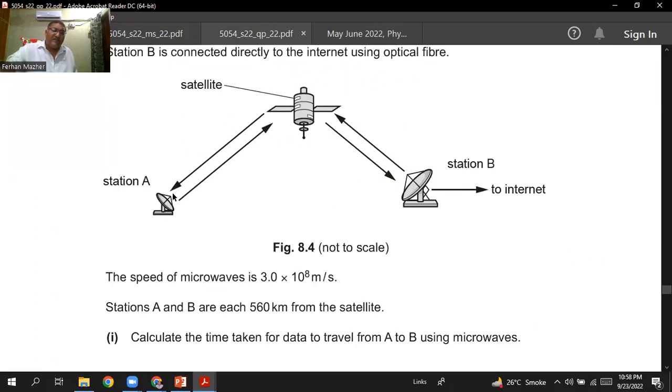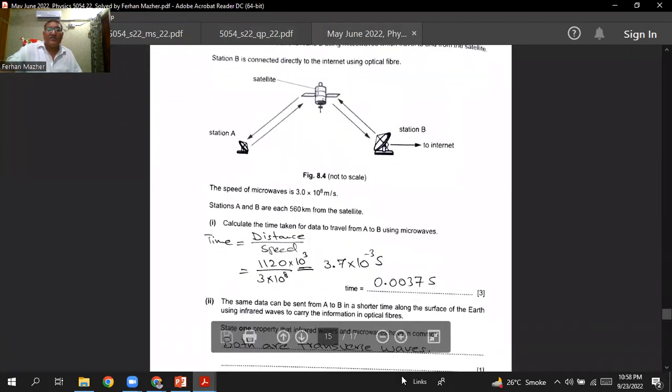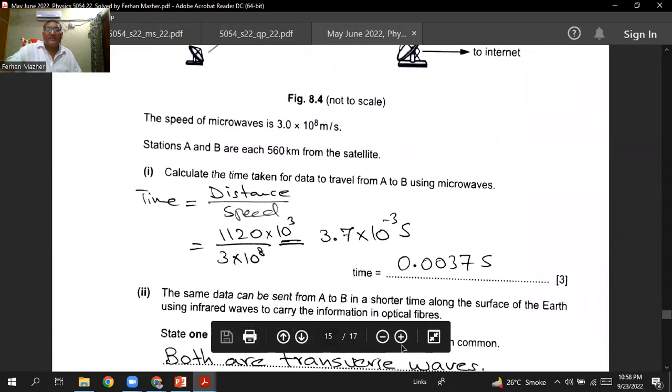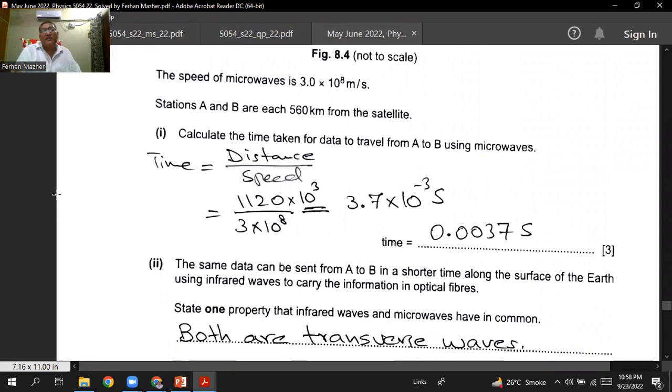So from here, 560 kilometers, and from here to here, 560 kilometers. So the total distance traveled will be 560 plus 560, which is 1,120 kilometers.